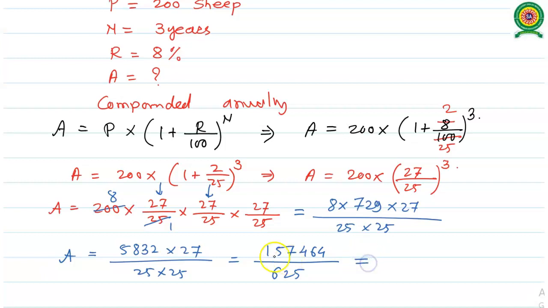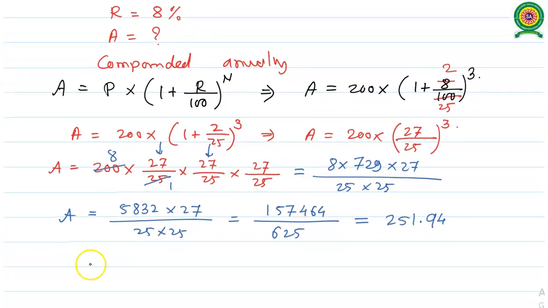Now once we divide 1,57,464 by 625, we are getting 251.94. Now the shifts must be an integer value like 250, 251, 252, 253.